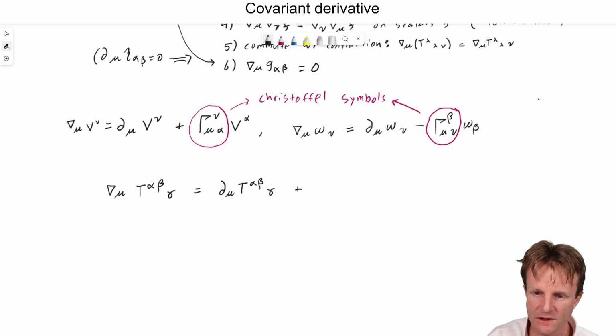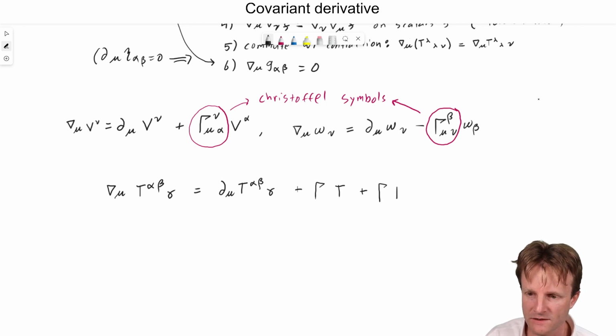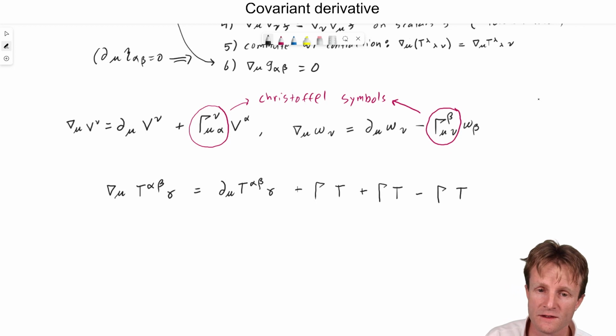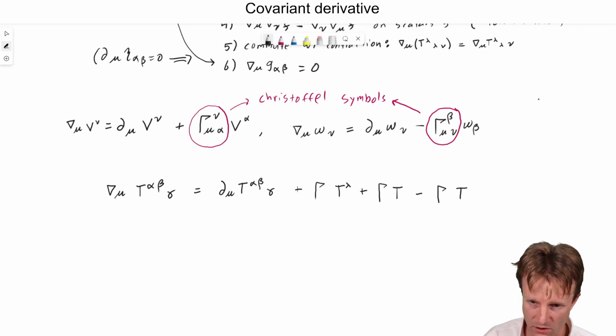So a plus for the upstairs index alpha, it's going to say gamma and then T. A plus for the upstairs index beta, it's going to say gamma and then T. And then a minus for the downstairs index gamma, which is also going to say gamma and then T. And now I just fill in the indices according to the way they would go in this law. So I always contract the index I'm working on with a corresponding index in the Christoffel symbol.